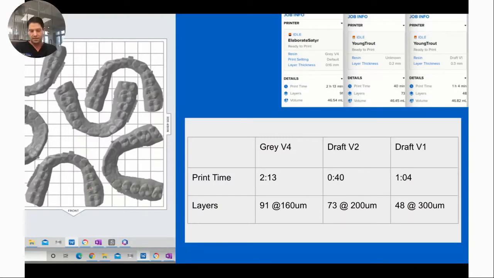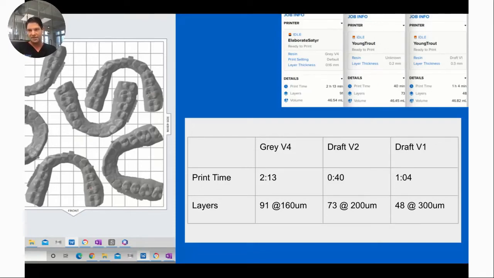Yeah, so there are a couple of differences, and some of this I've just recently learned. The Draft version 2 resin that we're talking about today prints at 200 micron layers instead of 300 micron layers. The previous version of Draft was a blue resin, which I like the color blue, and it was kind of cool having some blue models in the office.